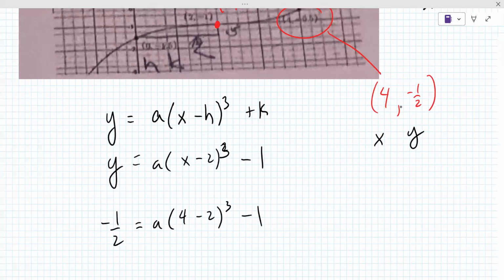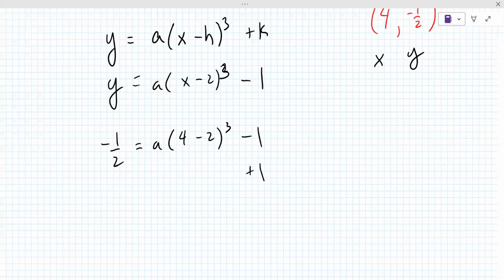So, a(x minus h) cubed plus k. We see it moves down 1, and the numbers are moving to the right by 2. And then we took a random point, which was 4 and negative 1/2. The 4 stays the same, the negative 1/2 stays the same. So you first want to add 1 to both sides.